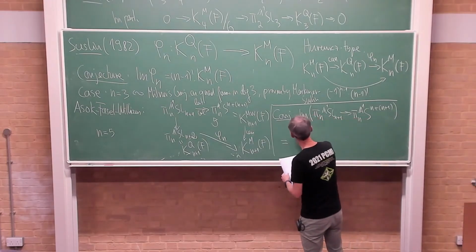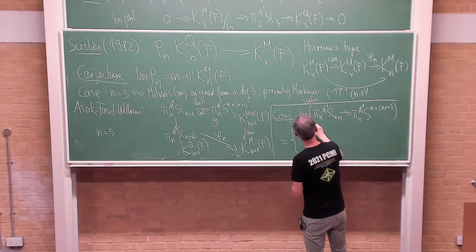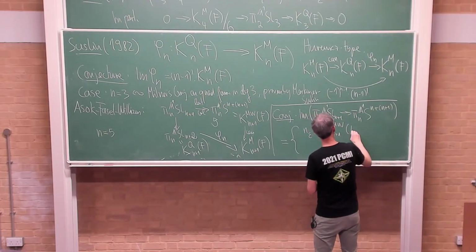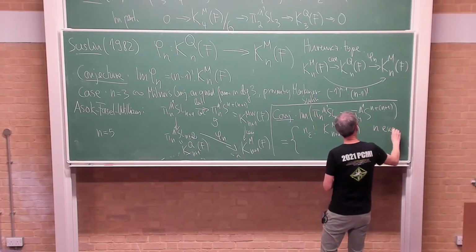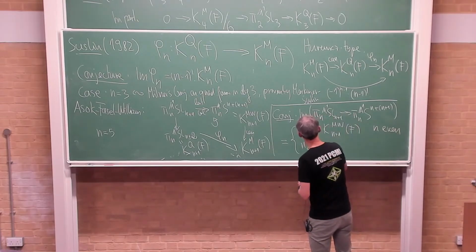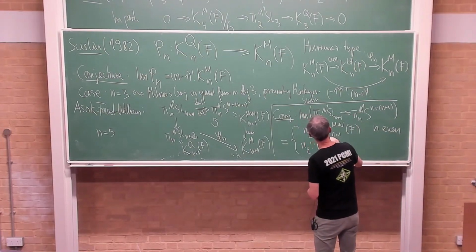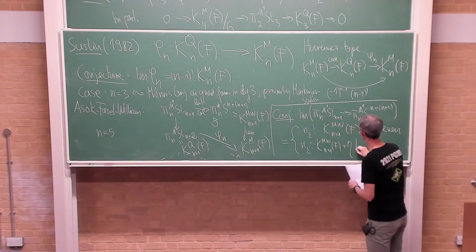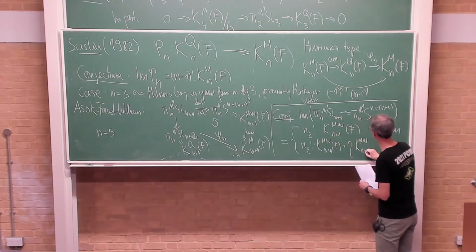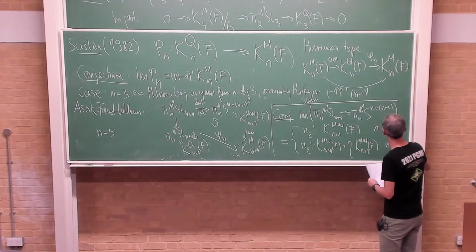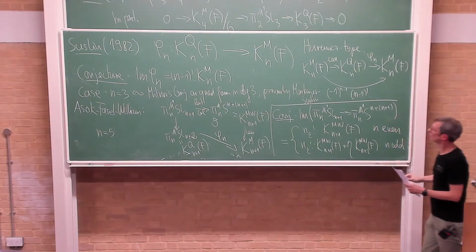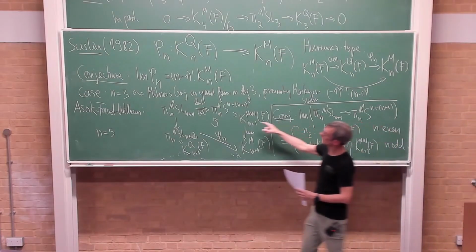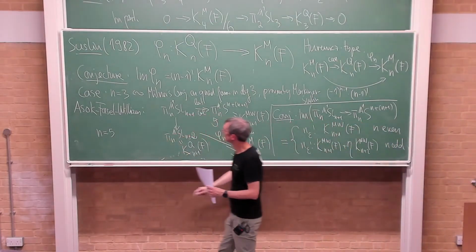So the image should be an epsilon factorial times K-lim of it n plus 1, if n is even. And then it's the same plus eta, that's K-lim of it n plus 2f, if n is odd. So this conjecture is now known for n up to 5.